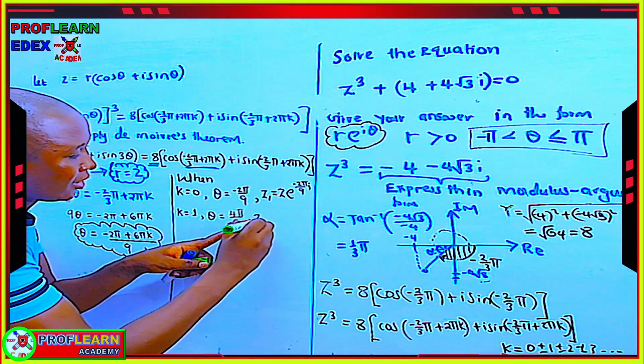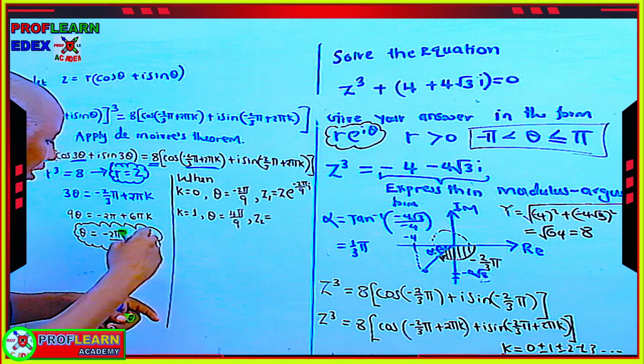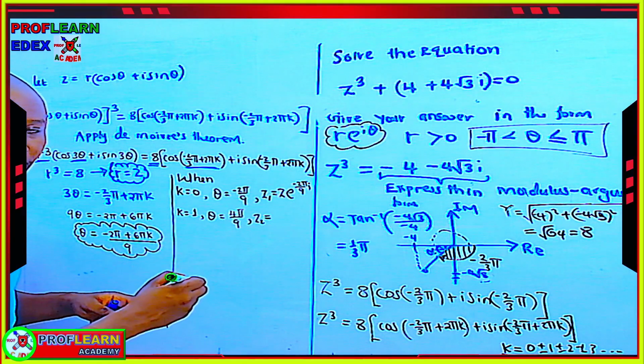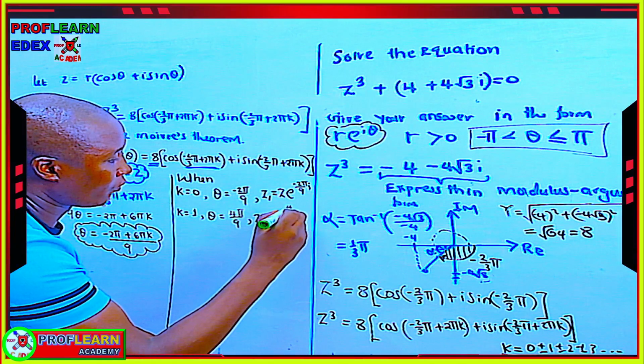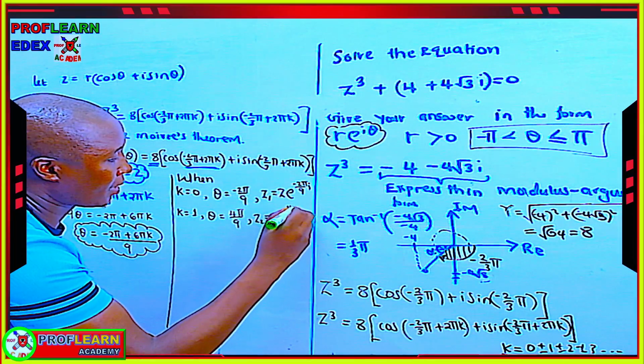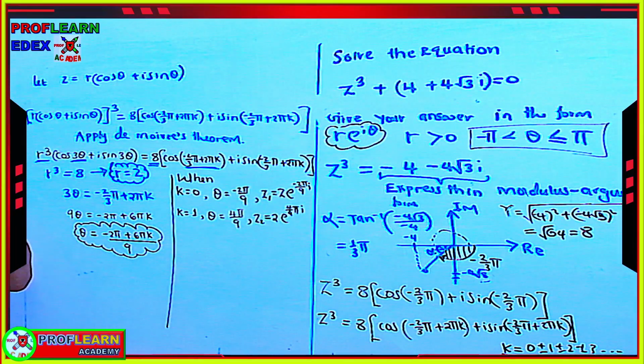Then our z2 is going to be 2 e to the power 4 over 9 pi i. That is the second solution for that.